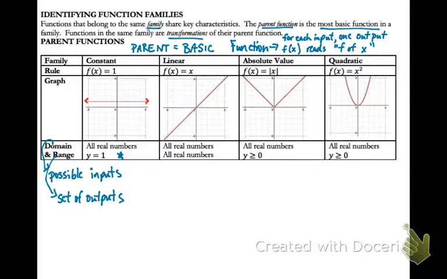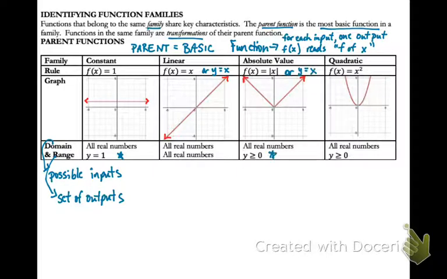Now, linear function is f of x equals x or y equals x, and that's what the graph looks like with the arrowheads on it. You can plug in any number for the domain, the x values, and you can get any real number y out. Absolute value is a V-shaped graph. There's no curve in this graph. It's like a line that comes down and then switches direction.